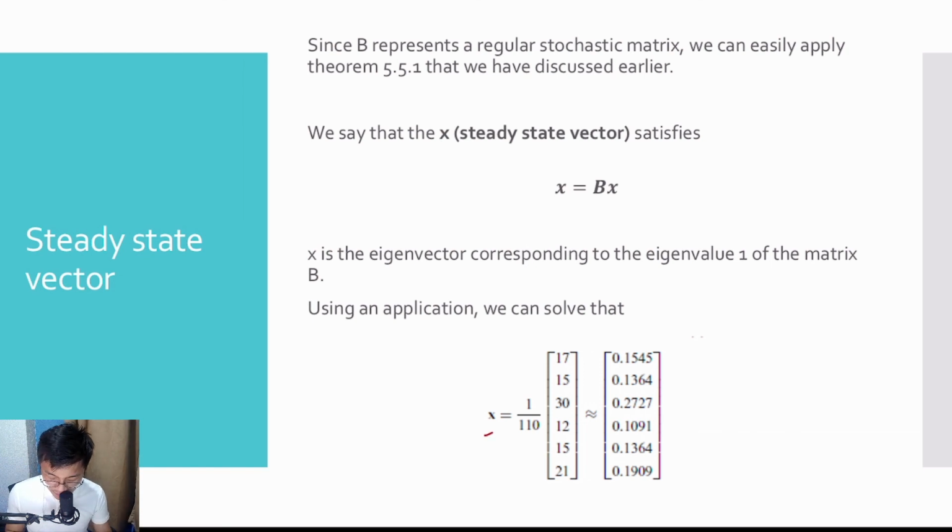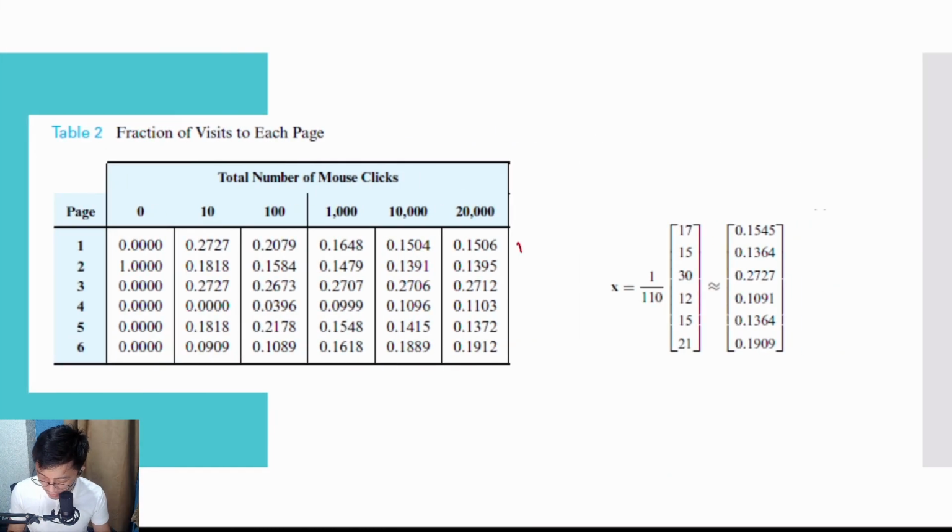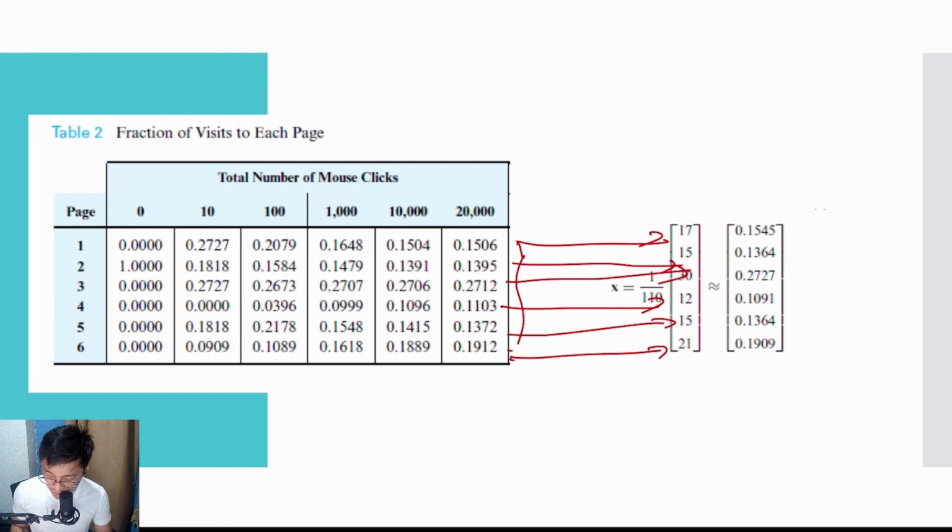If we solve for the steady state vector, we will have this, and comparing it to the table, it actually corresponds to the values of the steady state vector. So our values stabilize here. And that's how Alice's strategy works.